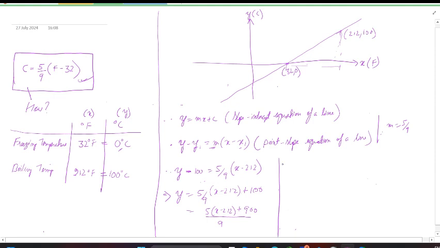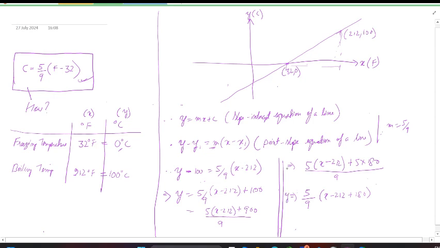With 900, my idea is to take a common factor of 5. On the left side we already have this 5. We can write 900 as 5 into 180. Yes, 180. So we can take 5 common here: 5 by 9 times x minus 212 plus 180.